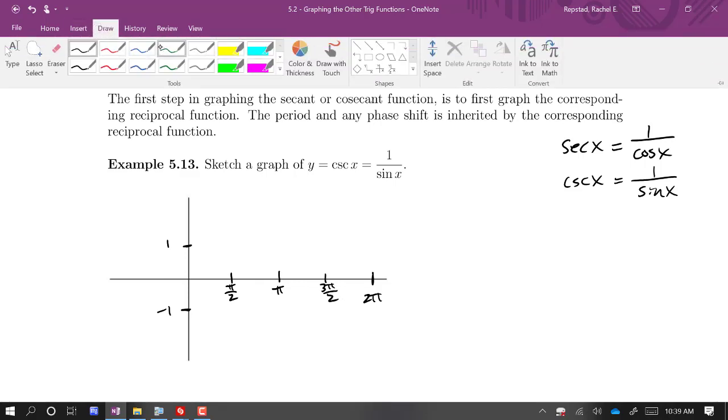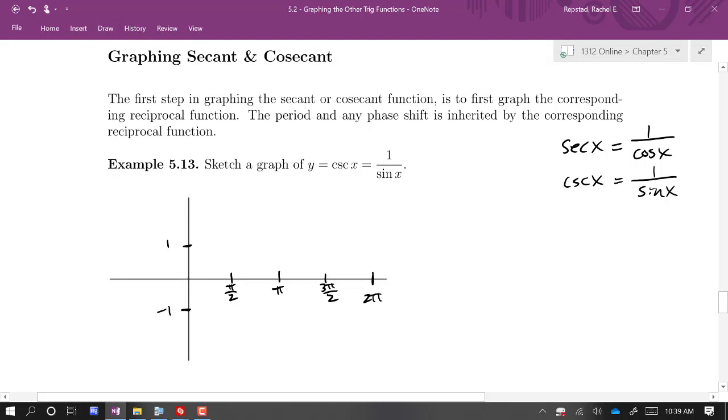Okay, so sine starts at 0, and then it goes up from there. Now anywhere where the sine of x is 0, I'm going to get a vertical asymptote. So I'm going to sketch those in.